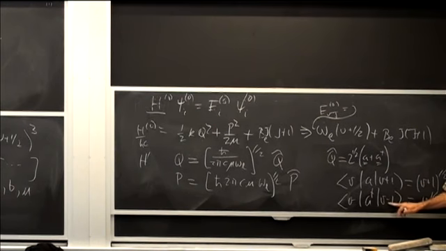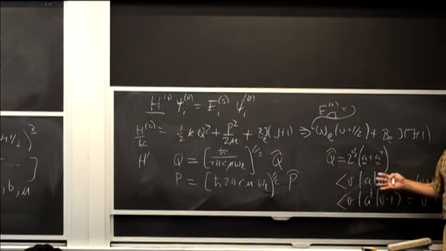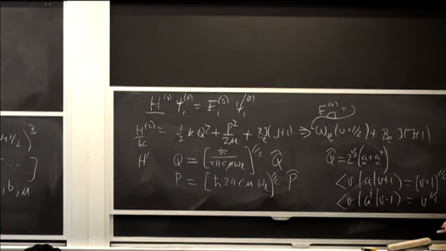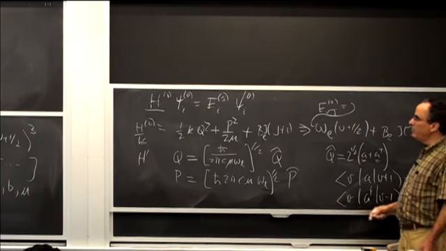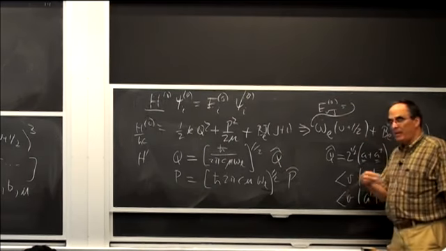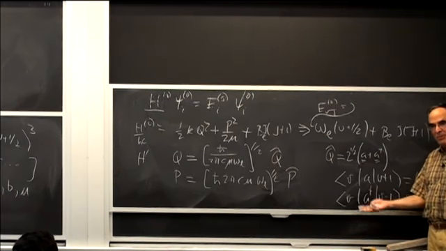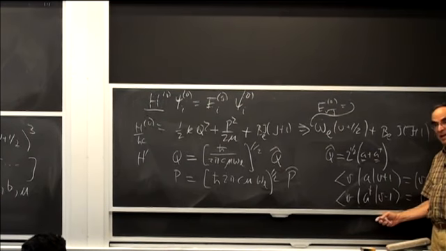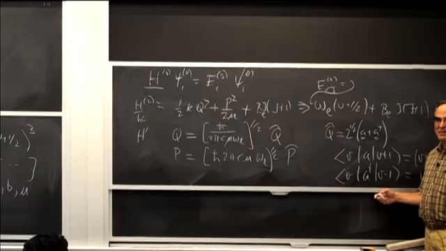You just take the larger of the two quantum numbers and take the square root. That's all you ever have to remember for harmonic oscillator matrix elements. The larger of the two, and you also recognize A dagger is like a plus, so it's increasing, and A is missing the plus, and that's decreasing. And that's all there is. And so you can remember then all the matrix elements of Q and P and any integer power of Q and P. And if you're clever, any non-integer power of Q and P. That's later.